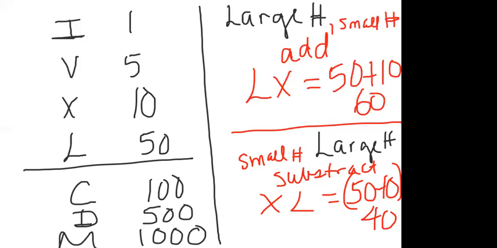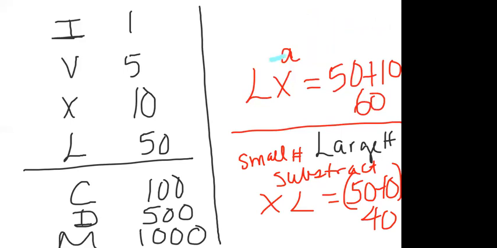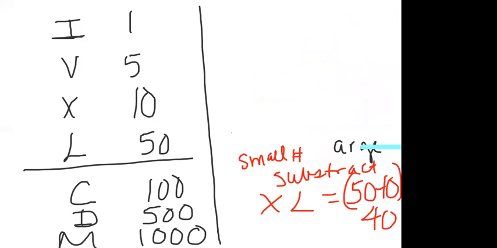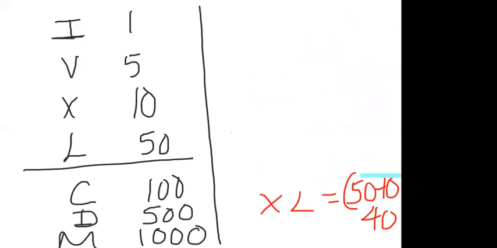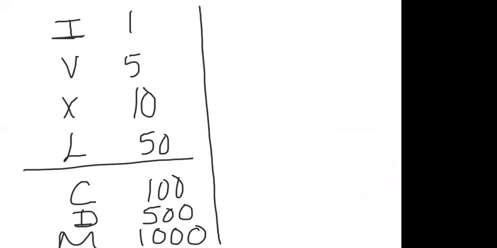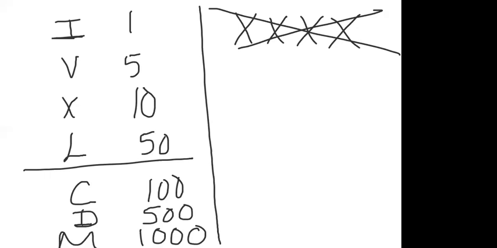Okay. So that's the first part, guys. Next, when you're dealing with Roman numerals, you cannot use a Roman numeral more than 3 times consecutively. So if you wanted to write the number 40, you cannot do X, X, X, X. No, you can't do that. You can only use a Roman numeral up to 3 times consecutively.